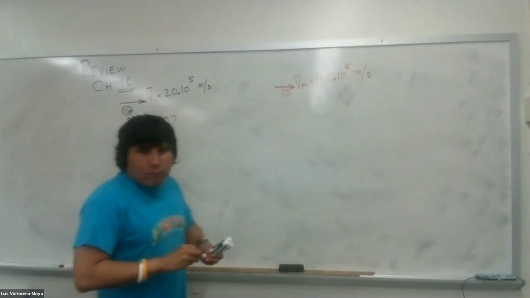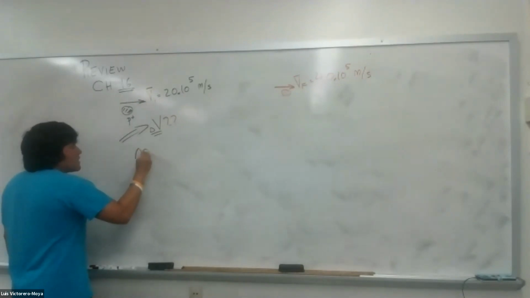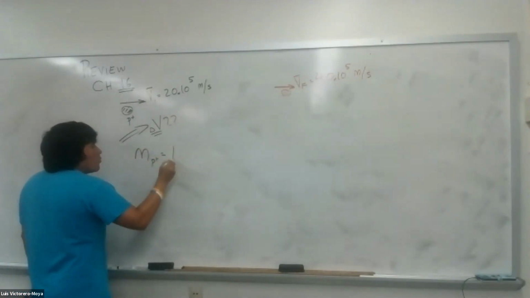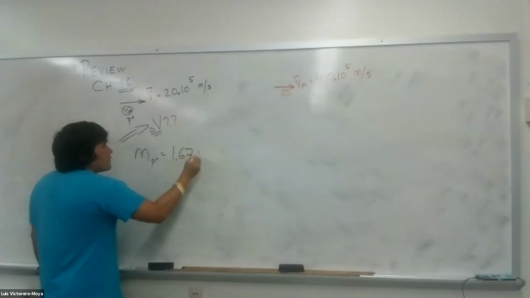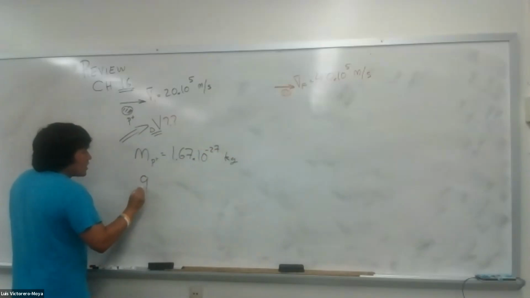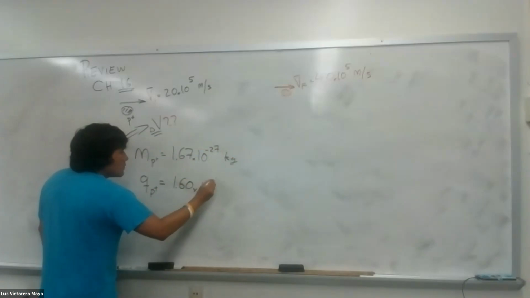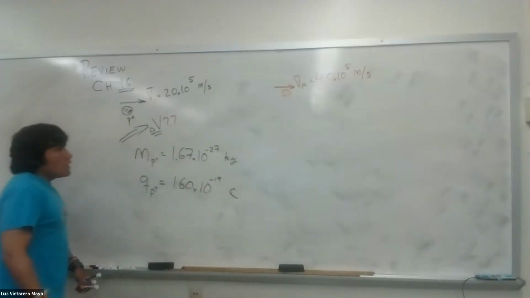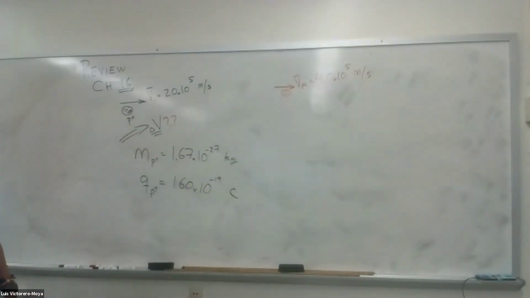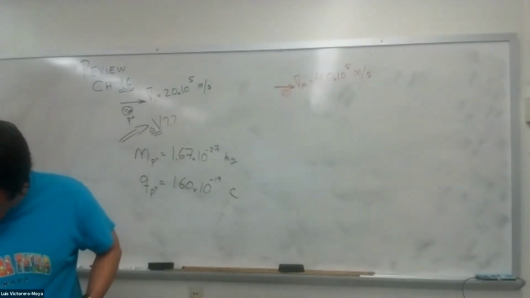All right, how will you do the problem? The data is the mass of the proton, 1.67 times 10 to the negative 27 kilograms, and obviously the charge of the proton, like the electron, 1.60. All right, how will you do this problem? What concept do you use?